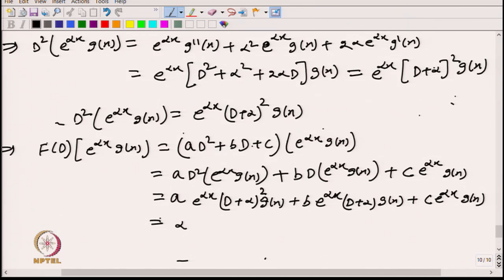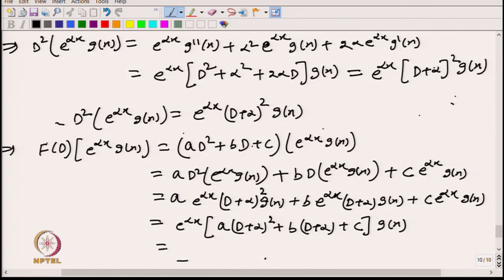So, now I take e raised to power alpha x common. Inside I will get a (d plus alpha) whole square plus b (d plus alpha) plus c operating on the function g x. This can be written as e raised to power alpha x, and if you see, instead of f d I have put d plus alpha.